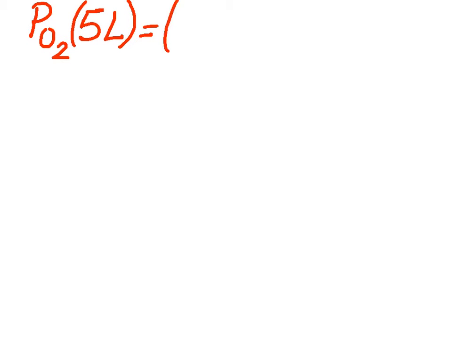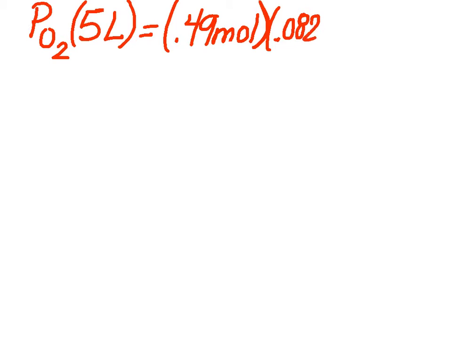So now we're going to use the ideal gas law to figure out the pressure of the oxygen. So we have the pressure of the oxygen times the volume, which is our new volume inside of our tank, a 5-liter tank, is equal to n, our number of moles, which is 0.49 moles, times R, which is 0.08206 liters times atmosphere over Kelvin times mole, times the temperature, which is 298 Kelvin.